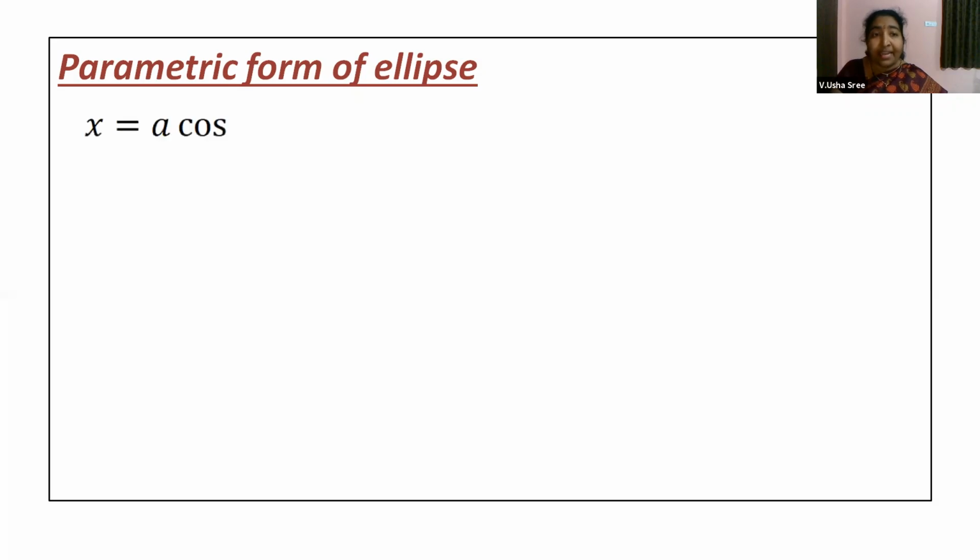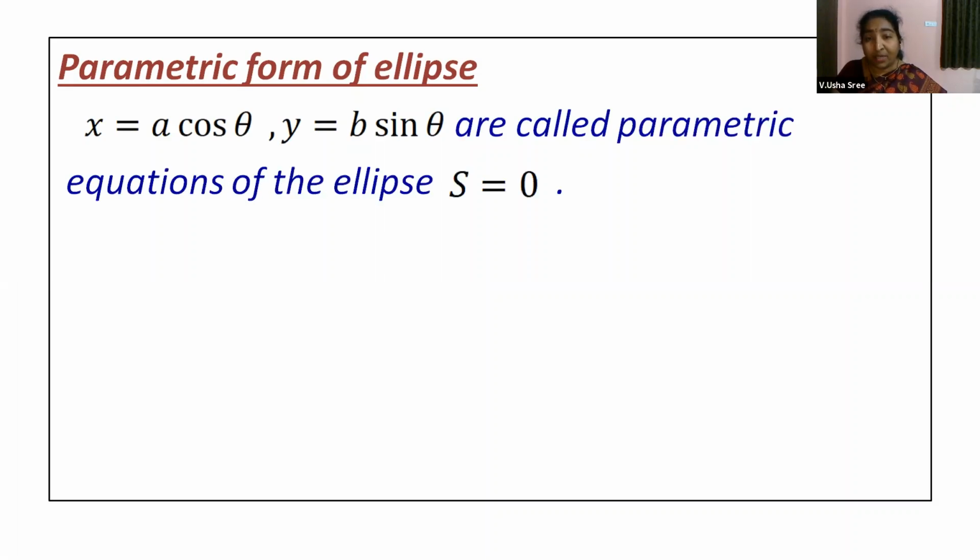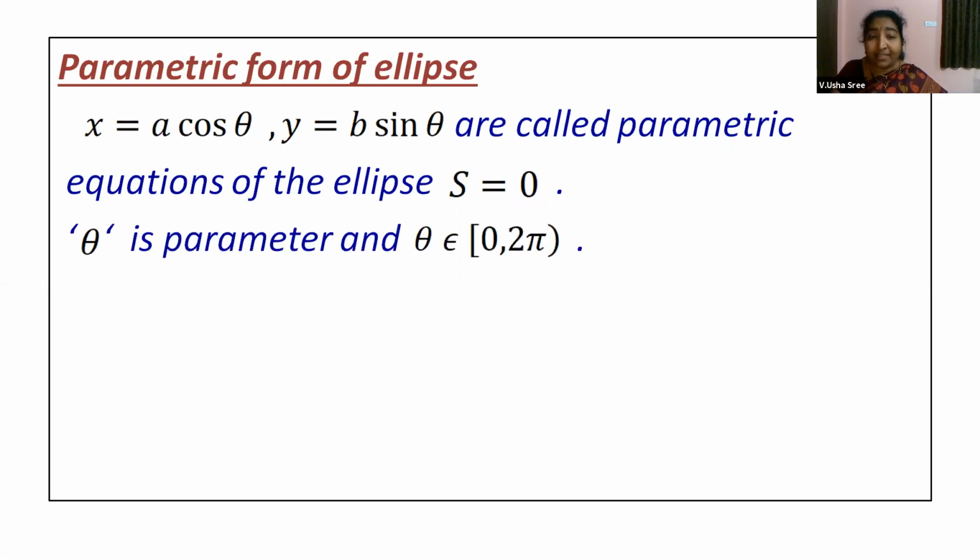Now, x is equal to a cos theta, y is equal to b sin theta. They are called the parametric equations of the ellipse S is equal to 0. Here, in the case of ellipse, the parameter we are taking is theta. And this theta value ranges from 0 to 2 pi.